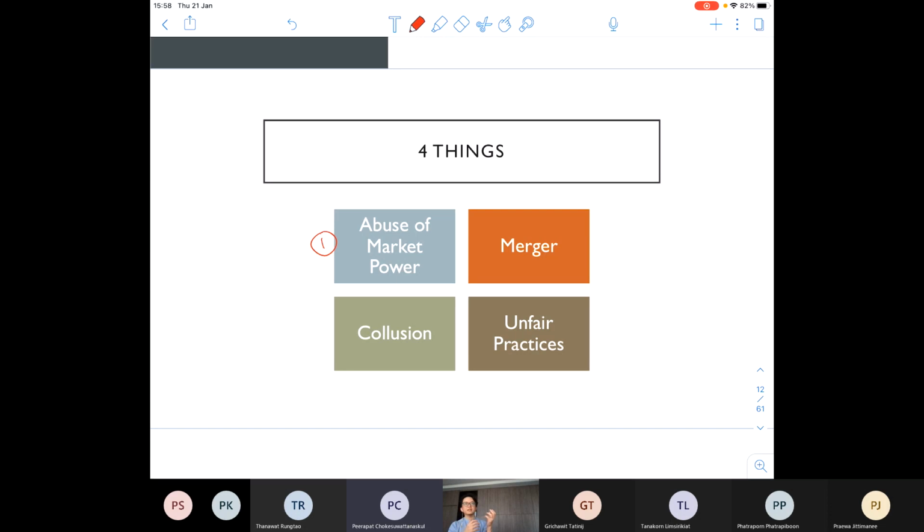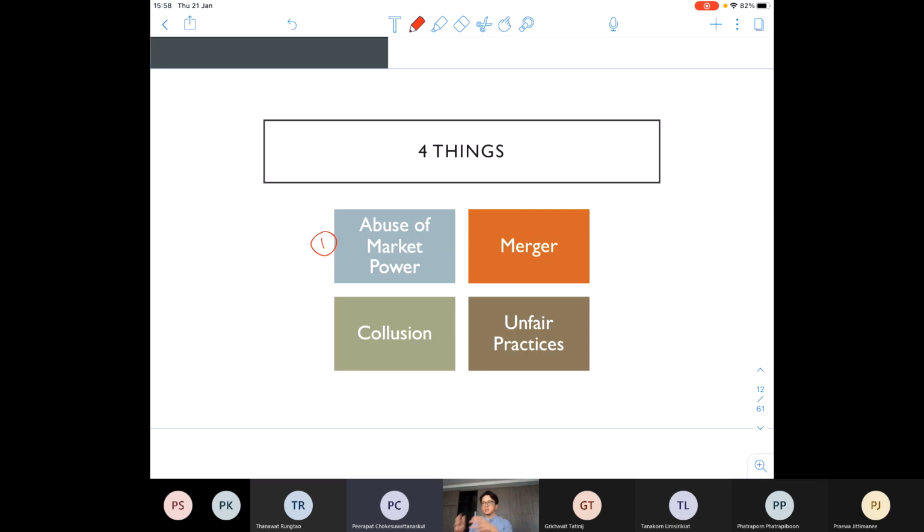You don't want them to exercise their market power in a detrimental way. You don't want them to increase the price arbitrarily. You don't want them to reduce the quality. You don't want them to block some sellers from selling the product and give preference to the sellers that have a connection with them, right? So that's the conduct that you want to control.